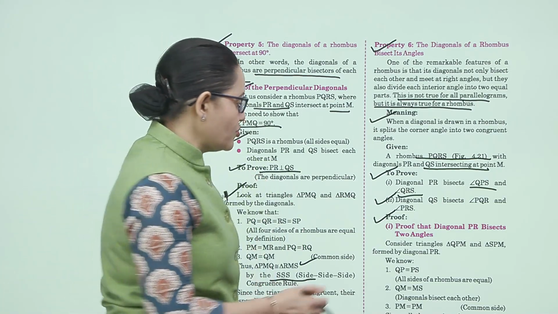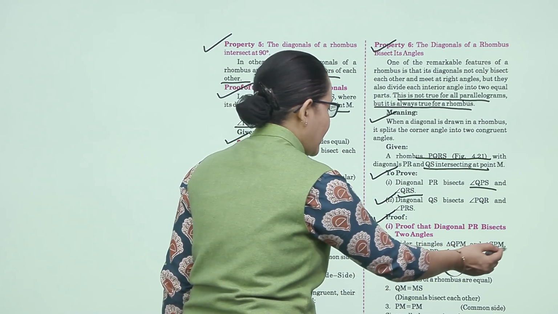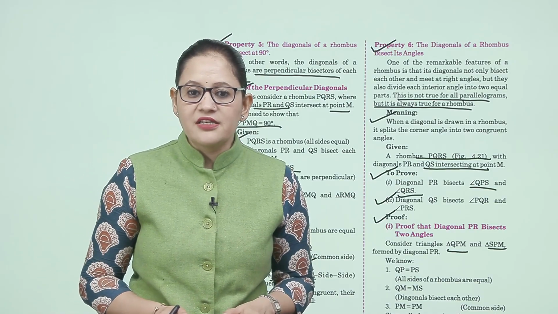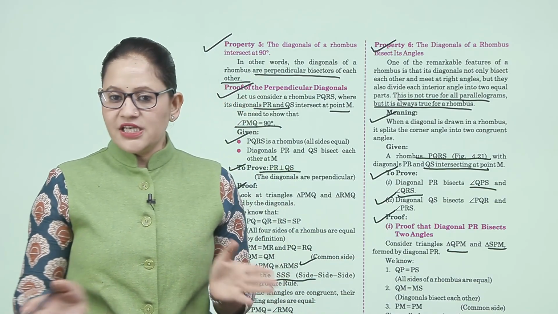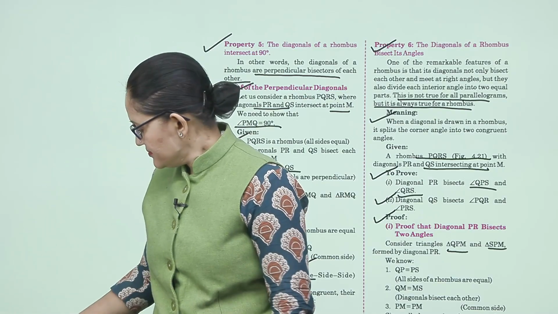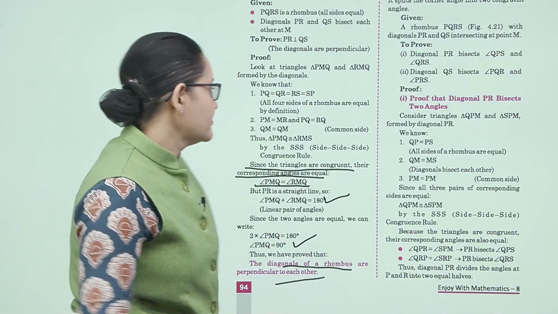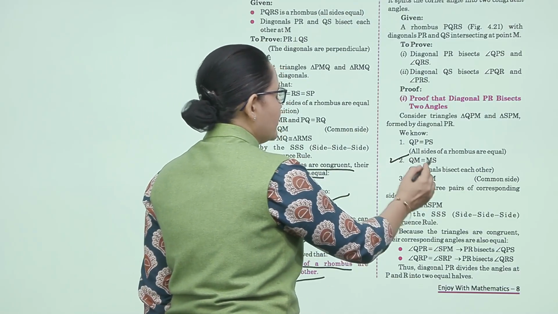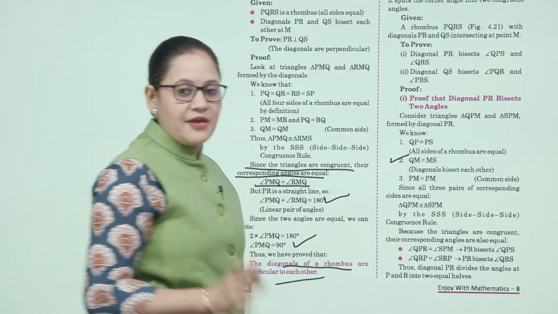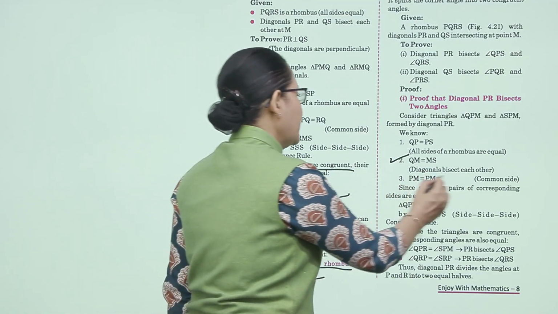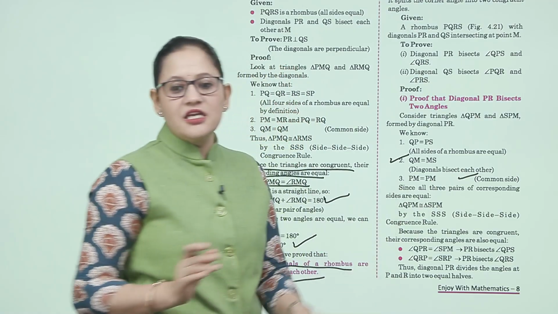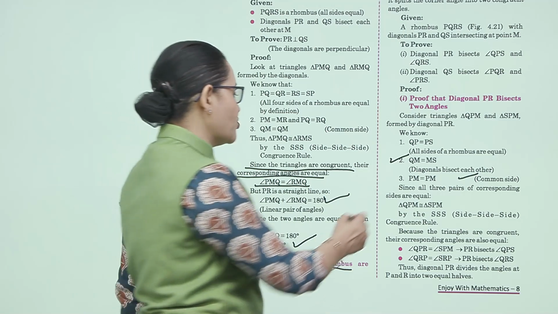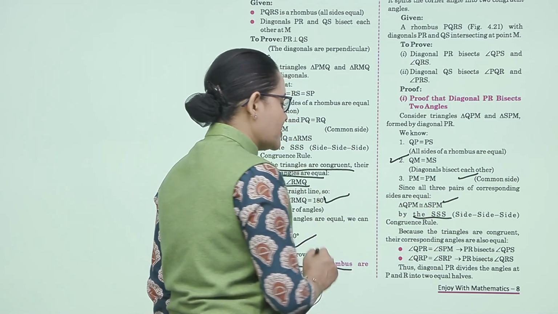Consider two triangles QPM and SPM formed by the diagonal PR. Now we know that QP equals PS, all sides of a rhombus are equal. QM equals MS, the diagonals bisect each other, and PM equals PM, common side. Since all three pairs of corresponding sides are equal, these two triangles are congruent by SSS congruency.